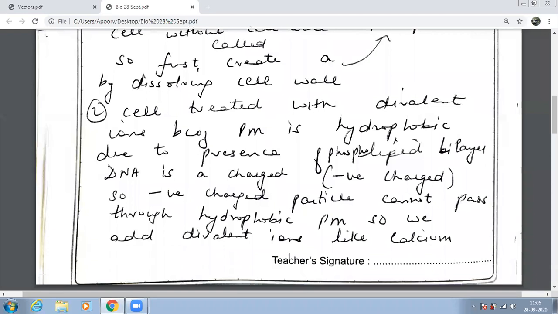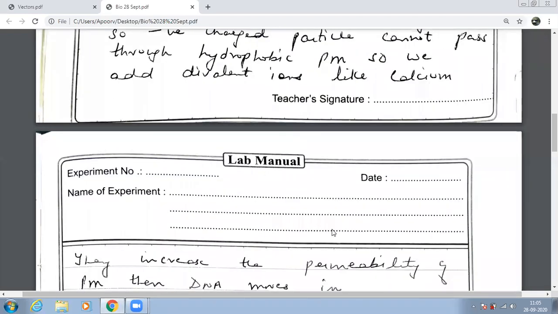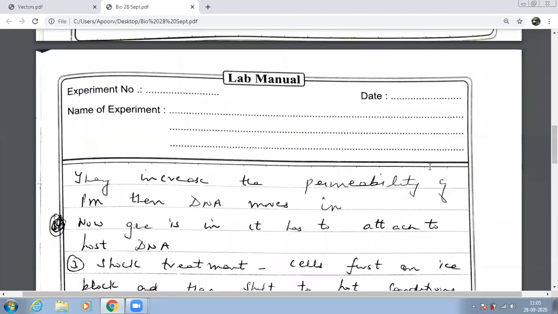So what do we do? We add divalent ions. Mainly what we add is calcium. Which are the divalent ions which are generally used? Calcium. We are going to use calcium ions. What will these ions do? They will increase the permeability of your plasma membrane.